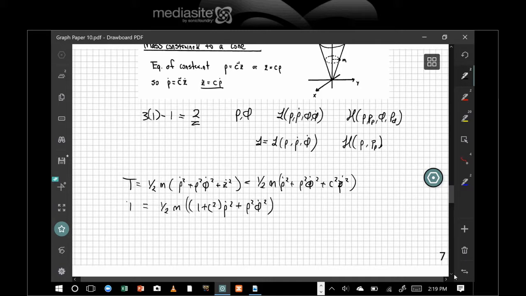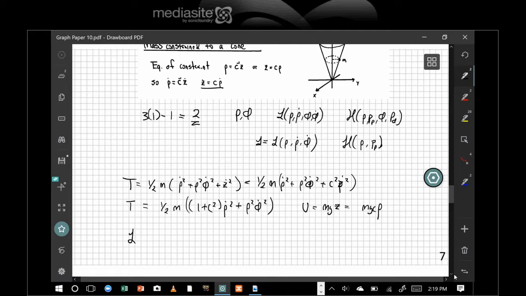That's my kinetic energy. The potential energy is just going to be equal to mg z. The XY plane is the plane of zero potential energy, so it's mgc rho.